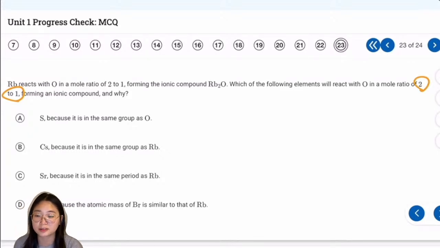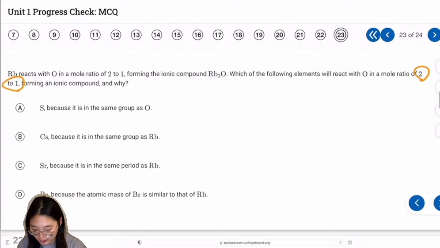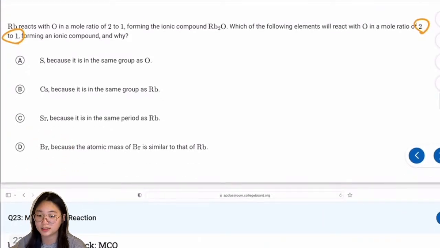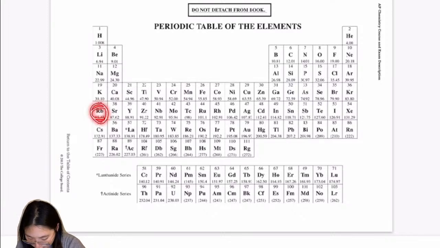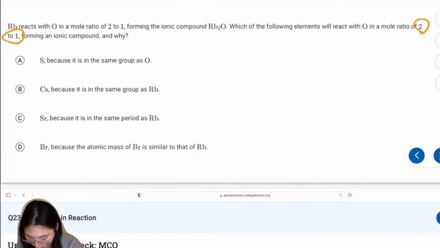And it reacts with oxygen at the ratio of 2 to 1. It means that all of the elements in the same group will react with oxygen at the same ratio. So it's just asking which of these 4 elements is in the same group as rubidium. So Rb is right here, it's in group 1, right? So which one is it? It's the cesium, obviously.